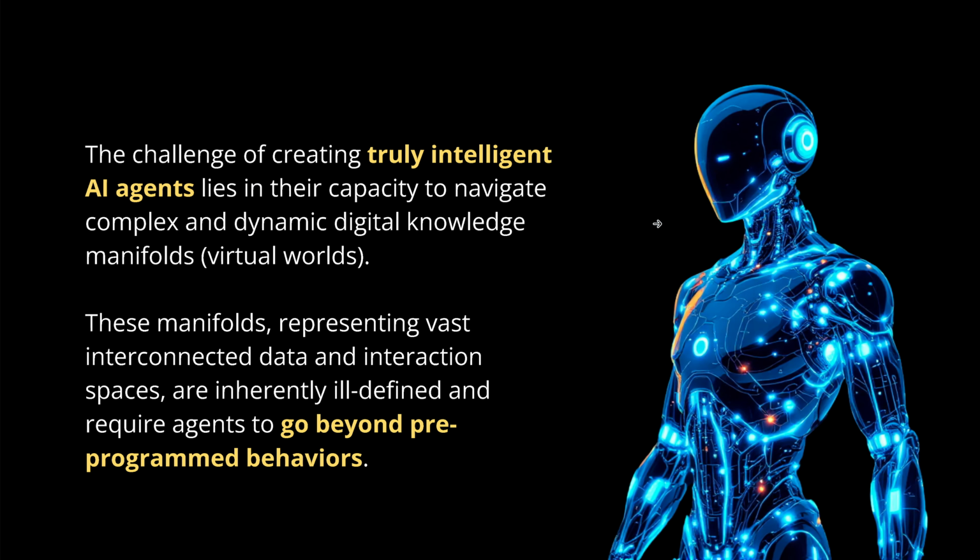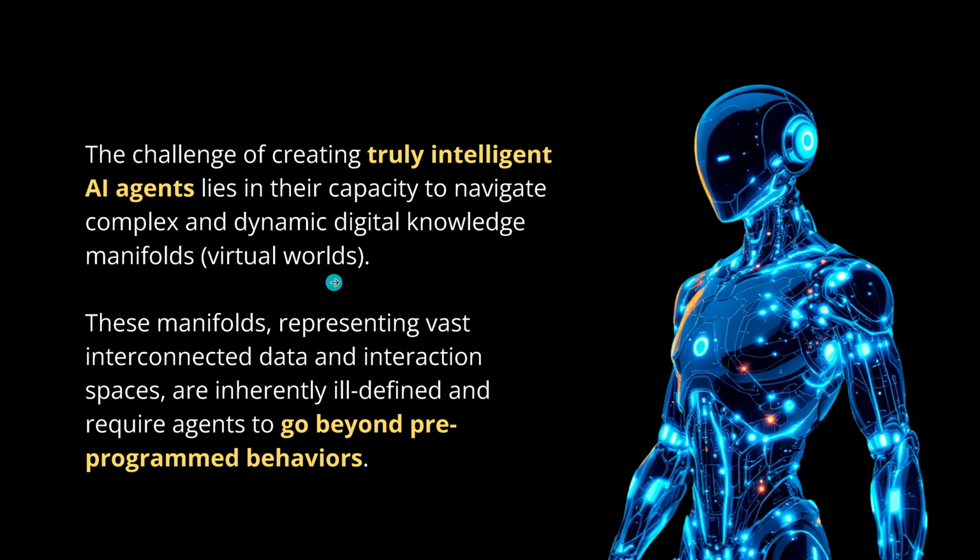Now, the challenge today of creating truly intelligent AI agents, and I'm not talking about agents that are rule-based, I'm talking about agents that have a vision language model or a large language model at their heart. So, truly intelligent AI agents lie in their capacity to navigate complex and dynamic digital knowledge manifolds.